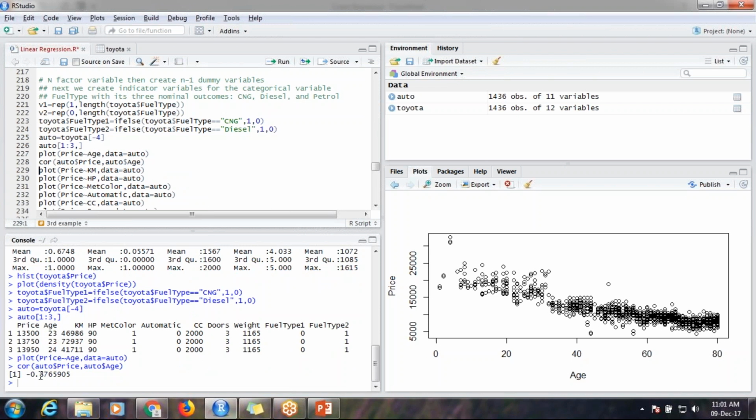It is negative 0.87, which is a good number. So it is a good determining factor that it is making an impact. So age is my determining factor for the price.